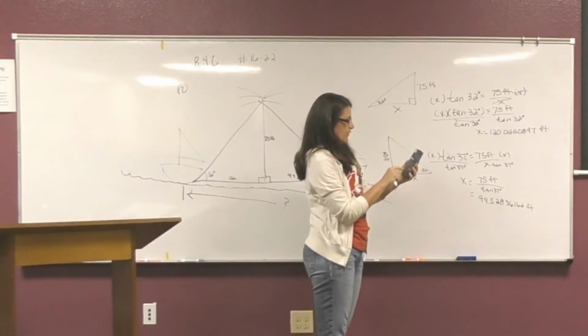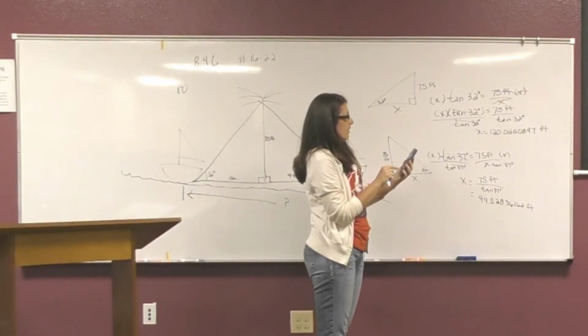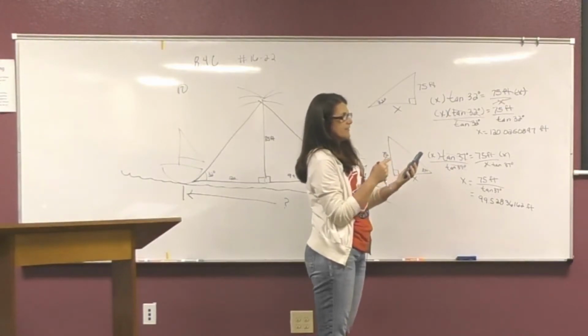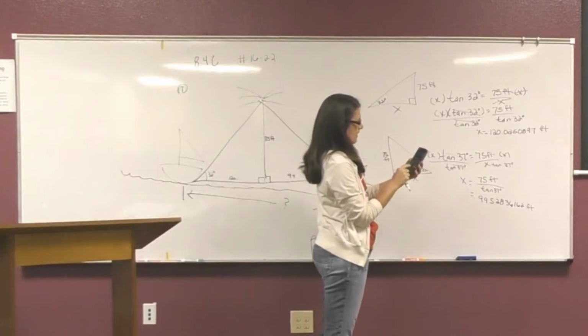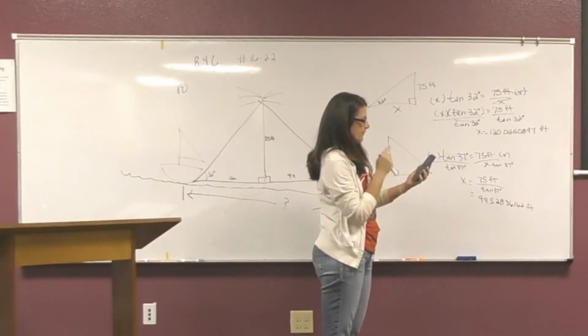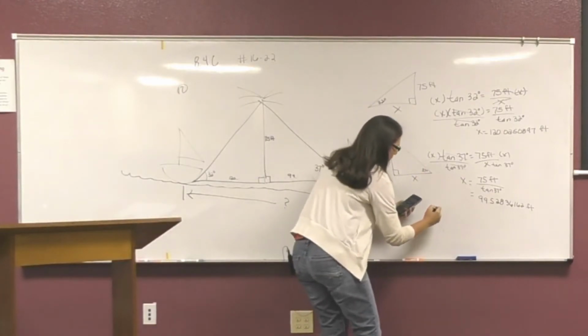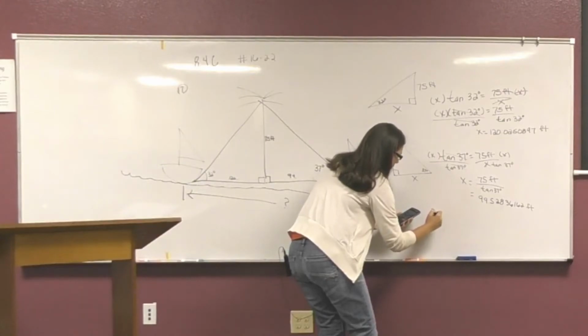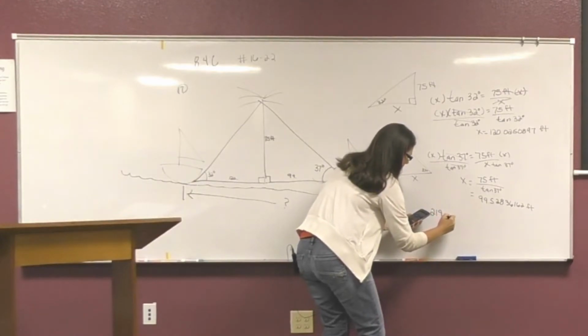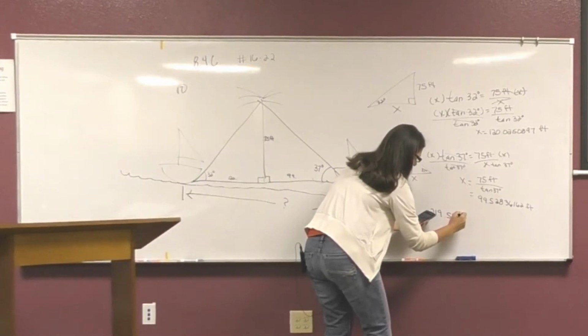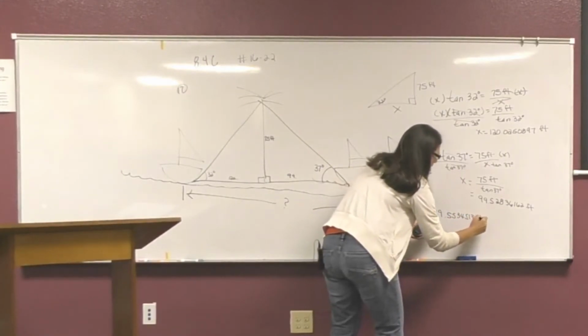120.025. Oh, see, I did that wrong. 0250. Actually, 0. O is not a number, but anyway, 897. So I have 219.5534513 feet.